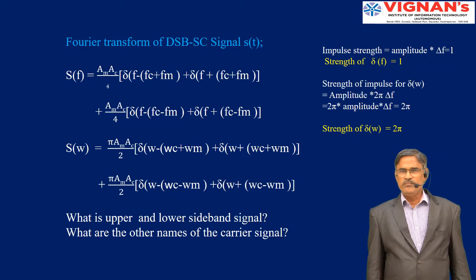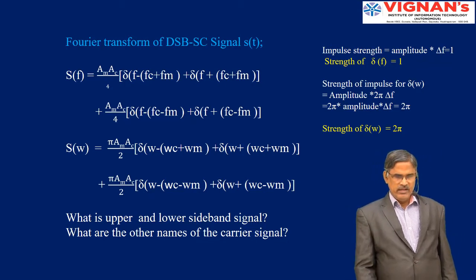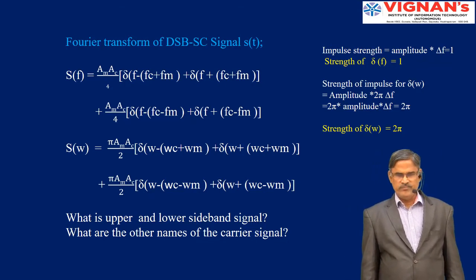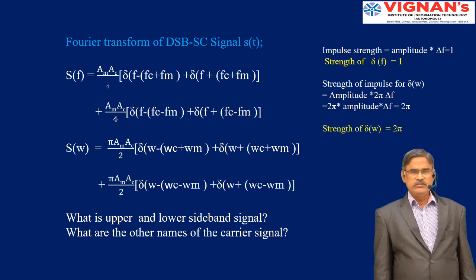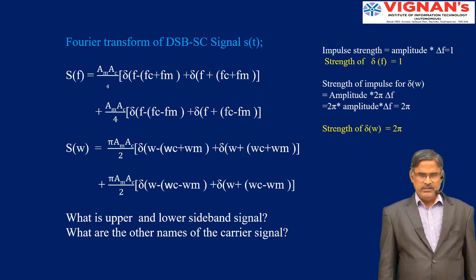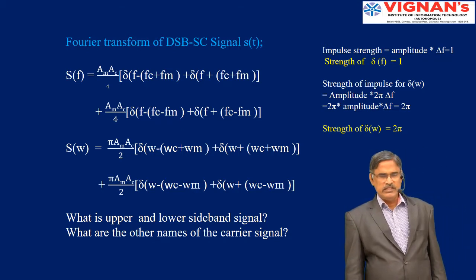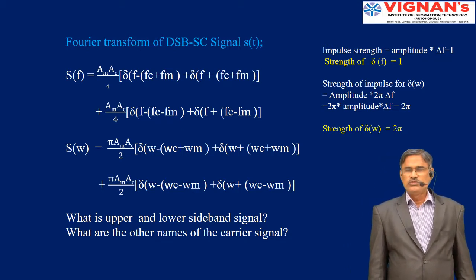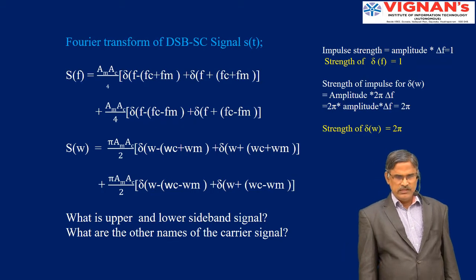s(t) is the modulated signal in time domain, and if you take the Fourier transform, the term Am Ac by 2 into cos of omega c plus omega m t can be written as Am Ac by 2 cos 2 pi (fc plus fm) t.